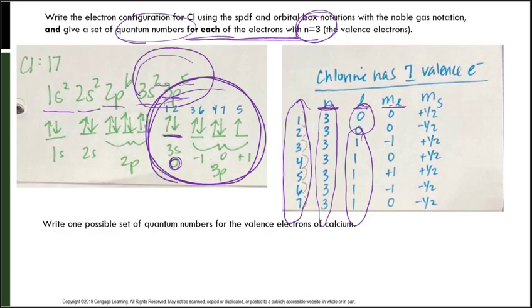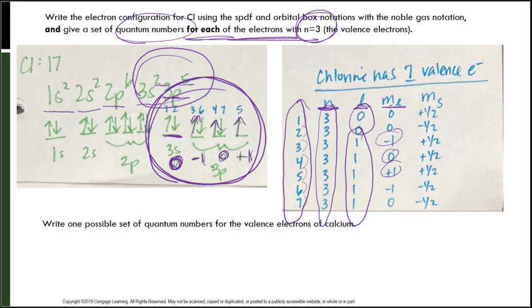If I look at the ml values, remember, s is 0, and then I have -1, 0, and +1 for my p's. So I'm going to have a -1, 0, +1, which is my -1, 0, +1.